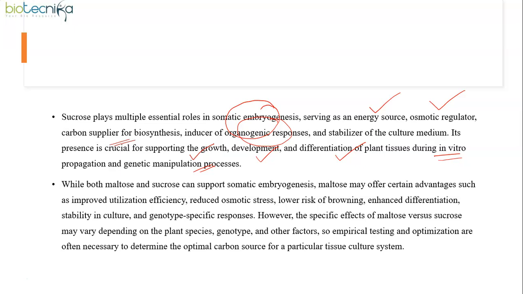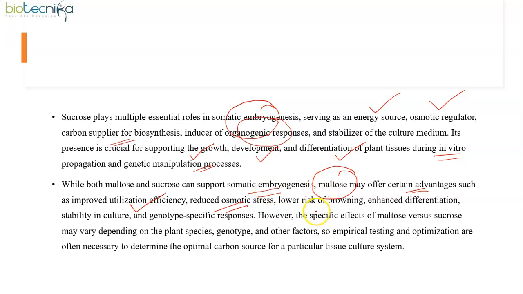While both maltose and sucrose can support somatic embryogenesis, maltose has certain advantages. For example, the efficiency is better, there is reduced osmotic stress, and there are chances that when we are using sucrose in the media, browning takes place.